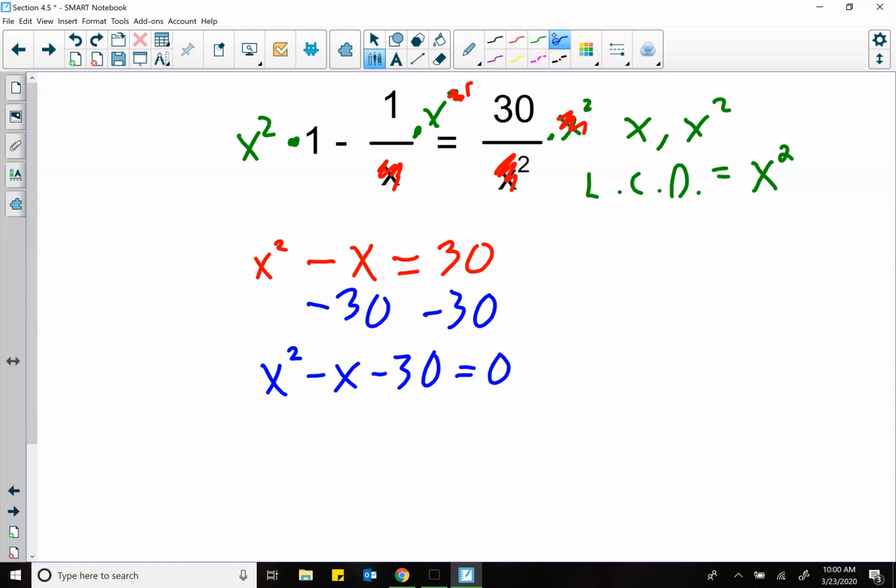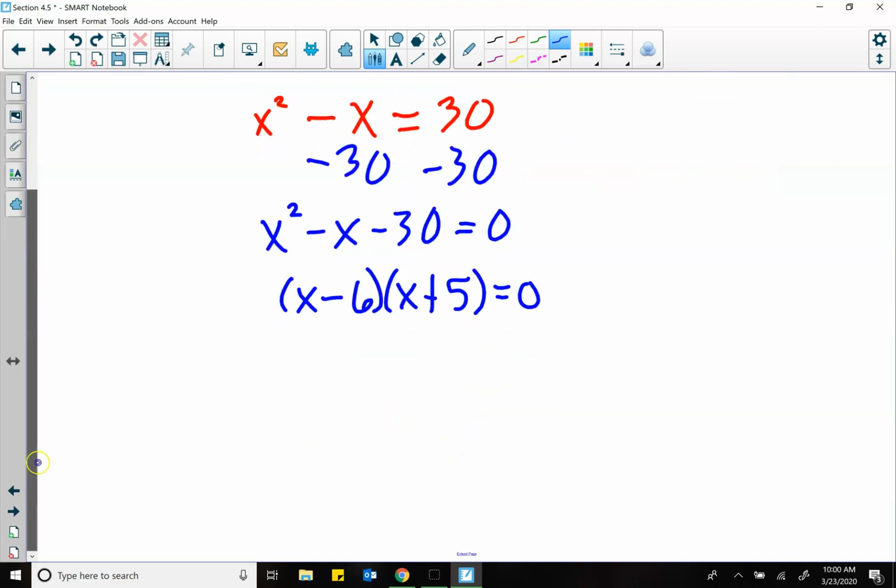And again, using your factoring skills that I told you that you need to be able to do, you're going to end up with x minus 6, x plus 5 equal to 0. And as we did all the way back in 4.1, when your denominator was set equal to 0 and we factored it, what do we do with these two parentheses to solve for x?